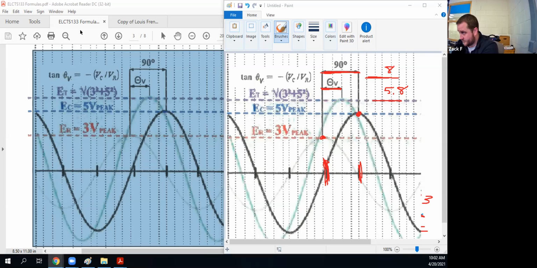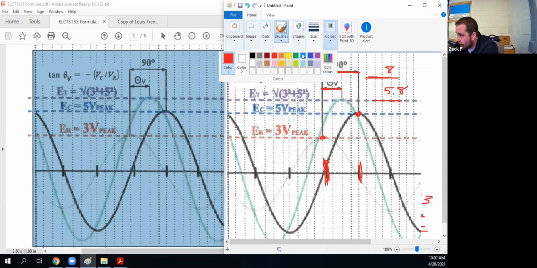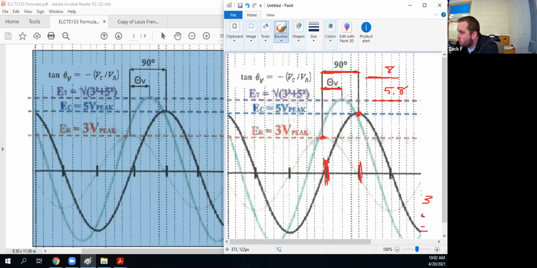Let me ask you this. In purple, this peak, do you think it's closer to the black peak or this gray peak down here? It looks like it's directly 50-50.